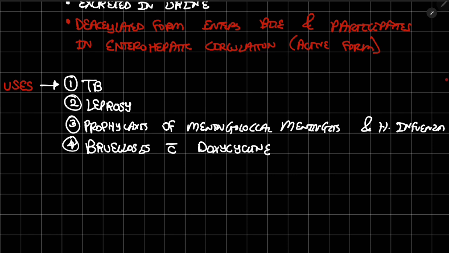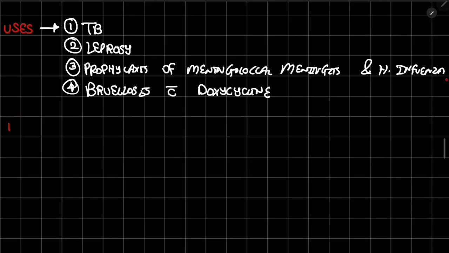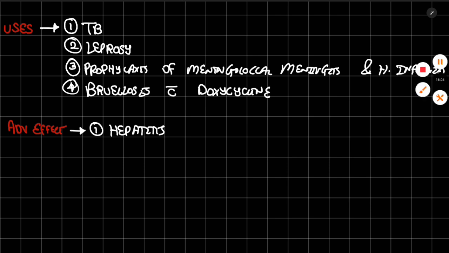Okay, now the adverse effects. Now, since it is metabolized by liver, the adverse effect is hepatitis. Okay, the main adverse effect. Okay, and as we know, in alcoholics and in old or elderly patients, the risk increases.